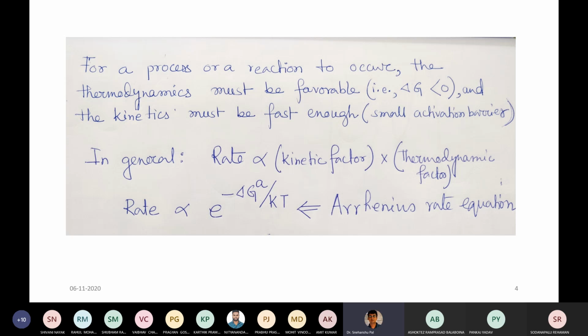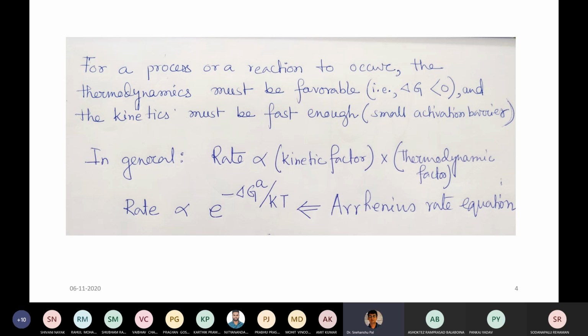So now we can conclude that in order for a process or a reaction to take place, the thermodynamics must be favorable. What does that mean? That means del G must be less than 0 and the kinetics must be fast enough.